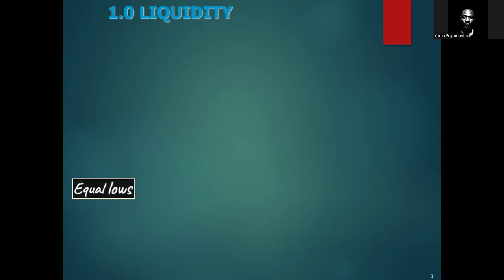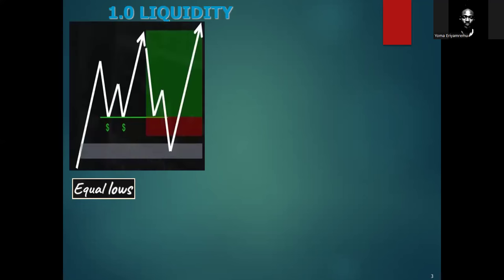So when you have equal lows in the market, and you begin to identify them as levels of liquidity, or liquidity zones, for instance, this one here is showing us where the traders have already put their stop loss. You can see where the dollar sign is written here.